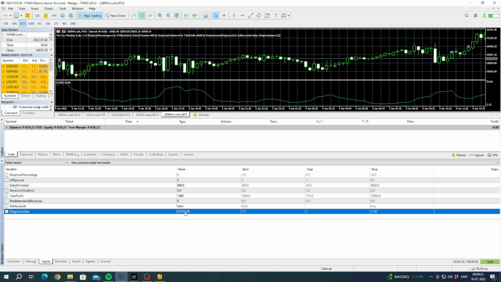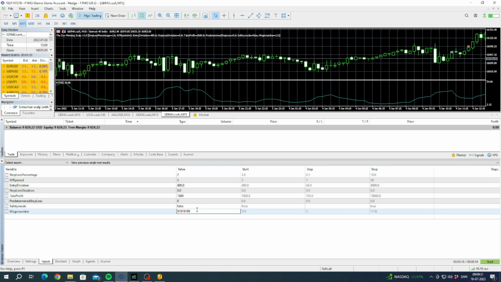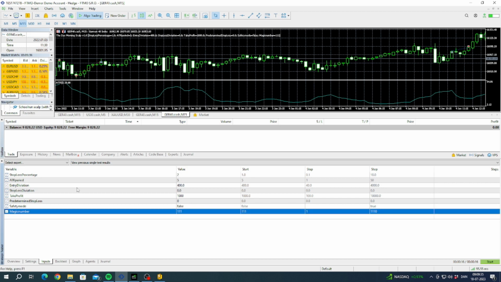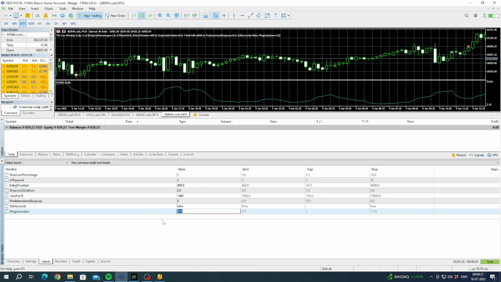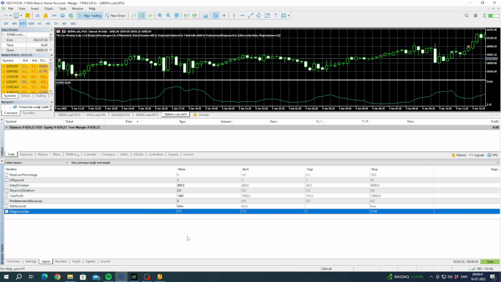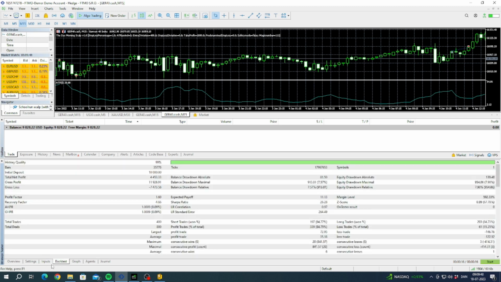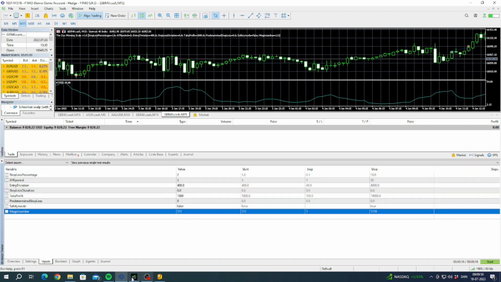And it should definitely not be the same as any of your other expert advisors, so make sure to check that. You can also just go with the default one, but I would suggest that you change it. So I think that was it.